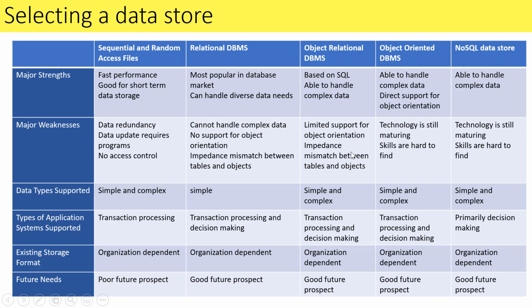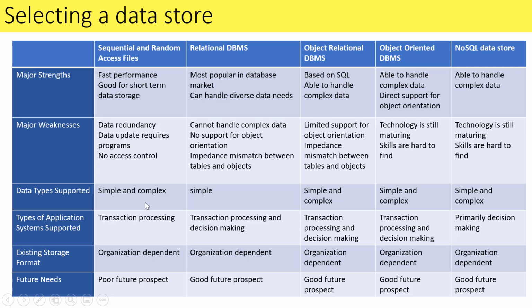Object relational, if there is a mismatch between your program and the database, there's not enough support for them. Object-oriented database management system, the technology hasn't really matured yet. Sorry, we don't have much skill set or experience in that area. And of course, NoSQL, again, this is a new area. The technology is still maturing.